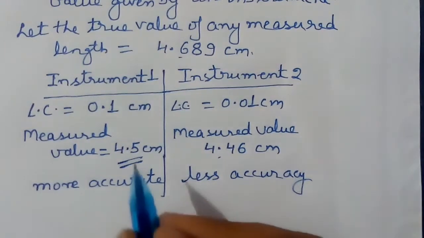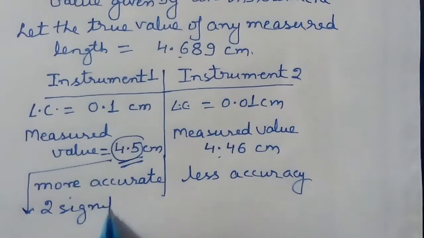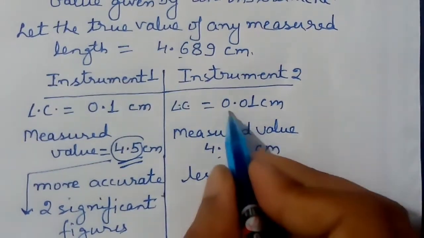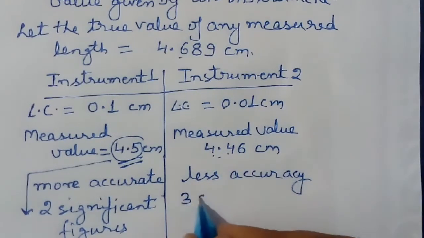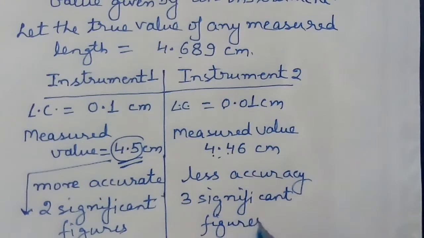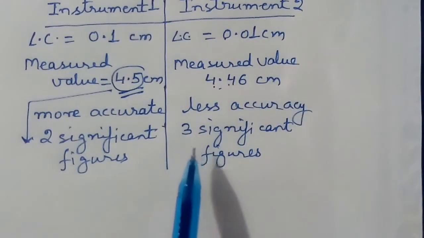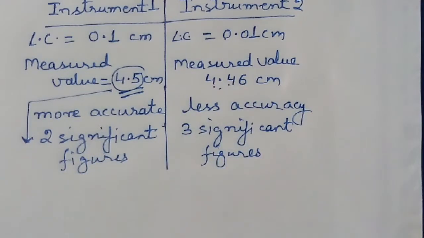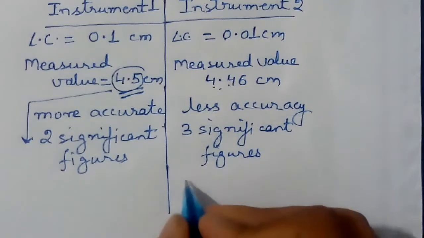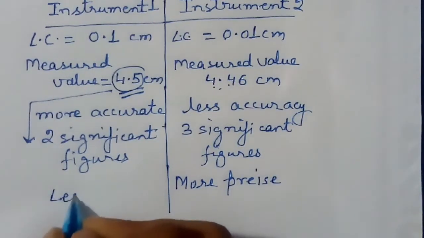Okay, but since this measurement has two significant figures, and here we have 1, 2, 3, that is 3 significant figures, on the basis of significant figures we can conclude that instrument 2, since its number of significant digits is more, has more precision as compared to the first, so it is more precise and the other is less precise.